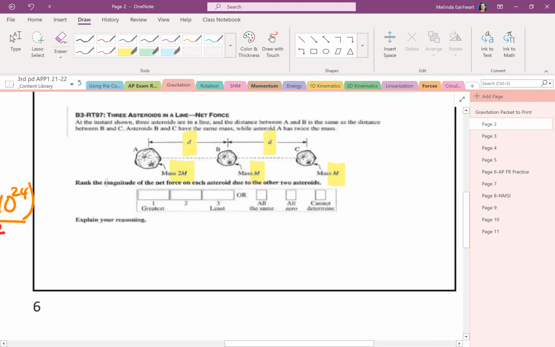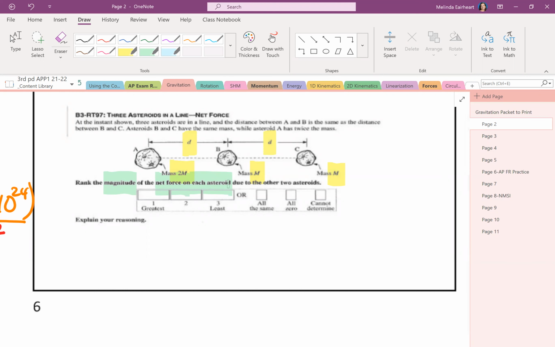Rank the magnitude. Oh my gosh, it's April. What does magnitude mean? Size. Do we care about direction? No, it's just how big, how small. The net force on each asteroid due to the other 2.